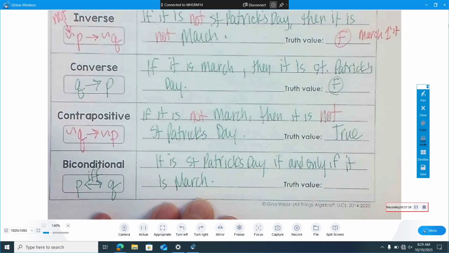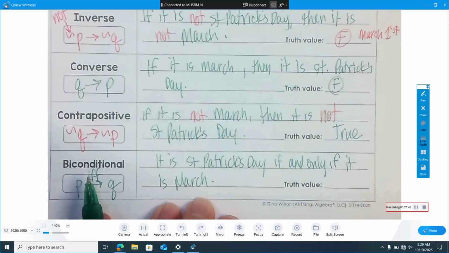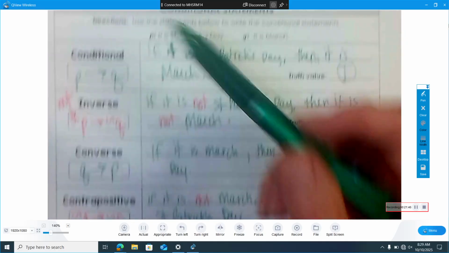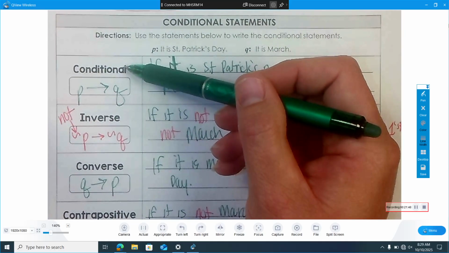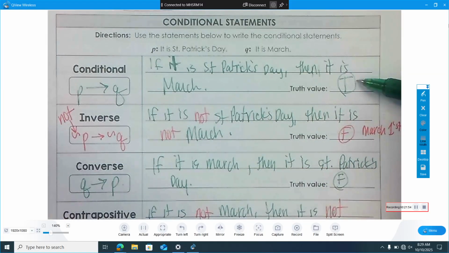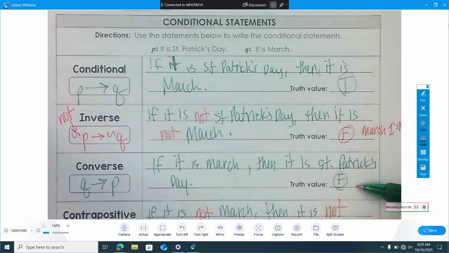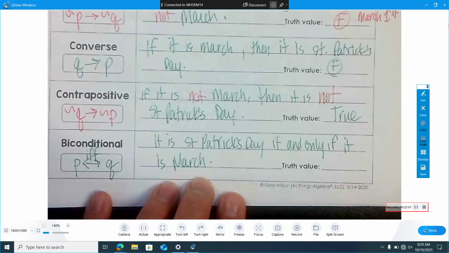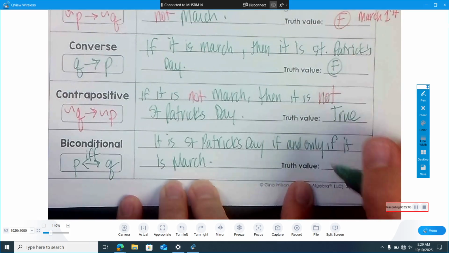So how do we know if biconditionals are true? If both the conditional and the converse are true. So the conditional was true, but the converse was false. So tell me about the biconditional. False.